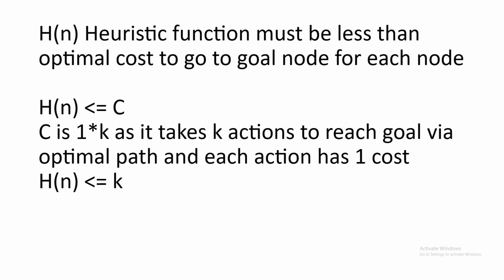Now the cost is 1 times k, because the cost of each action is 1 unit, and the total number of actions in the optimal path is k, so the total cost will be 1 times k, which is k. So hn, the heuristic function, must be less than or equal to k.